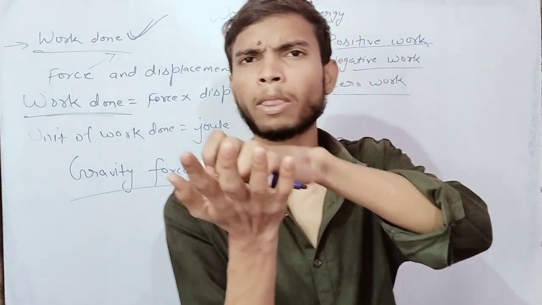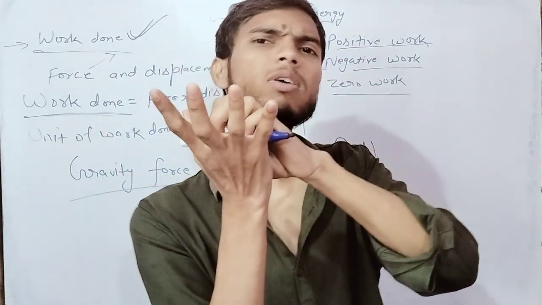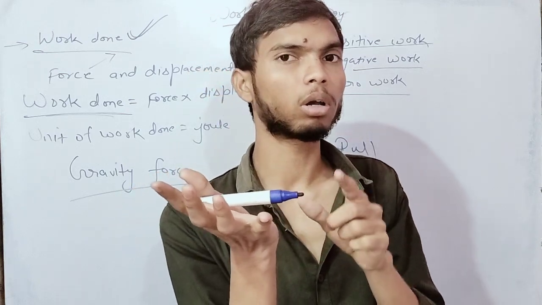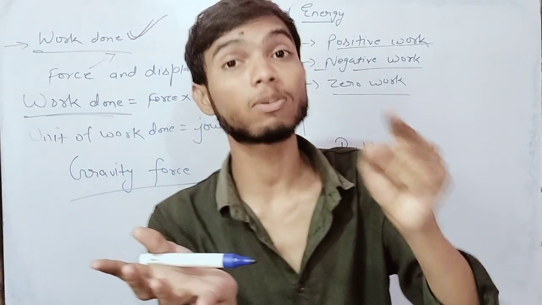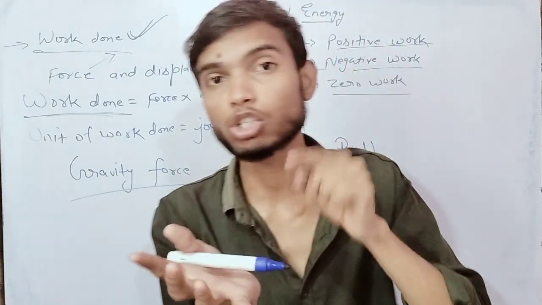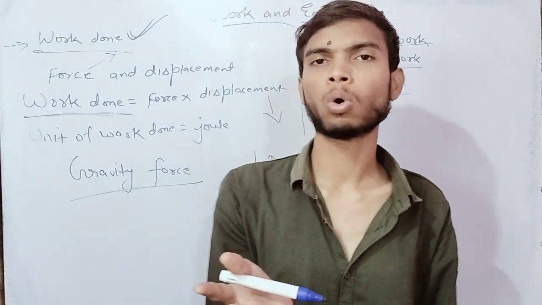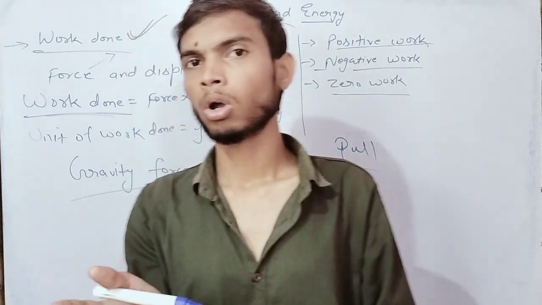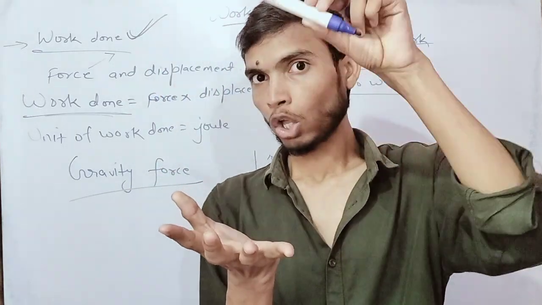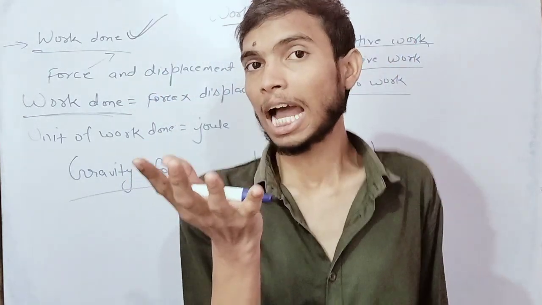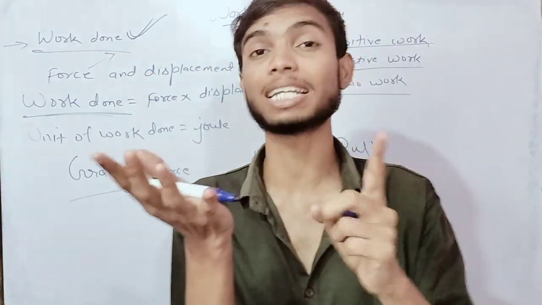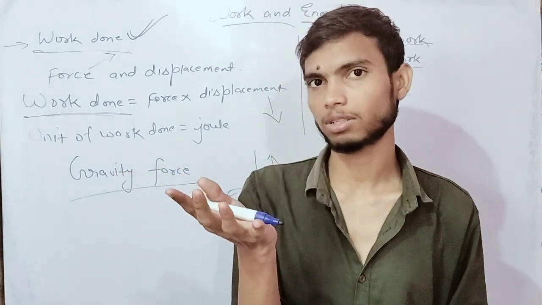That's why we say work done is zero. Same here: if we are applying upward force but the object is not moving at all, displacement is zero. When the object moves, of course it will have displacement. This happens in real life.